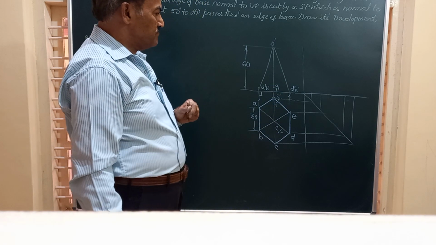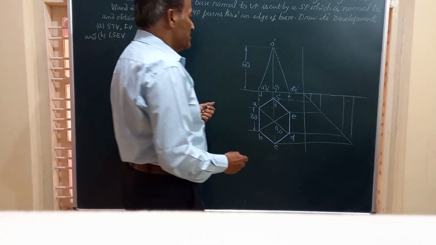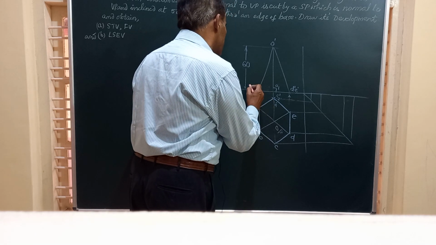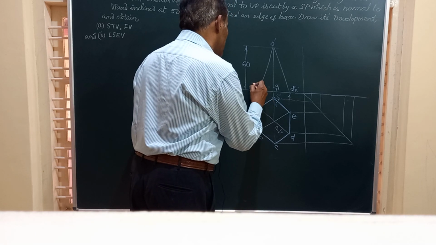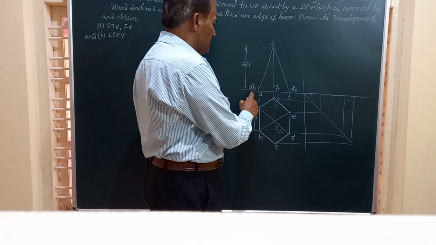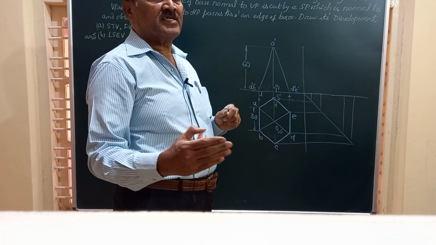Now friends, the section plane SS is passing through one of the base edges. So in this particular front view, you can see AB can be considered as one of the base edges, and DE can also be considered as one of the base edges.